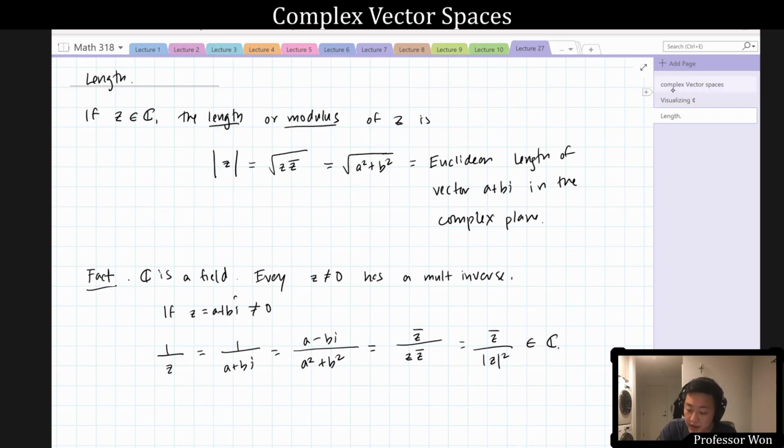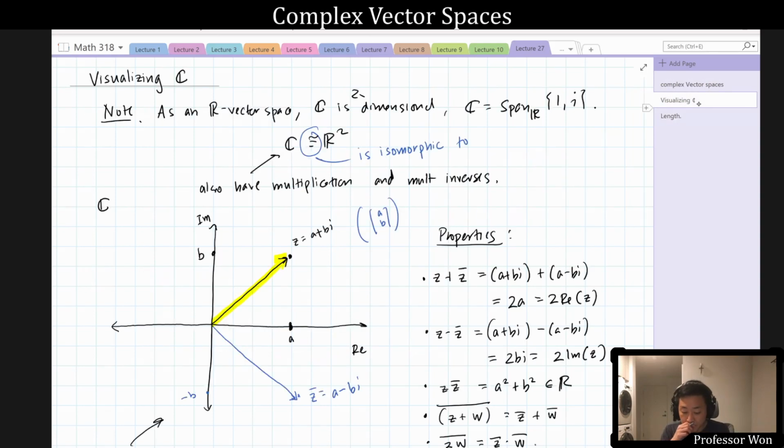Now, another thing that you get from this picture is we're thinking of complex numbers as vectors in R2, which normally you describe as an x coordinate and a y coordinate. But you learned in calculus probably that you can also think of the plane in polar coordinates as having a length coordinate and an angle coordinate.